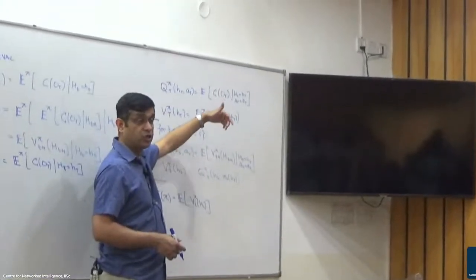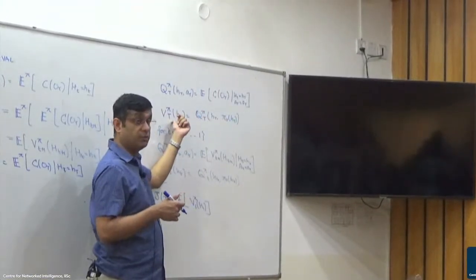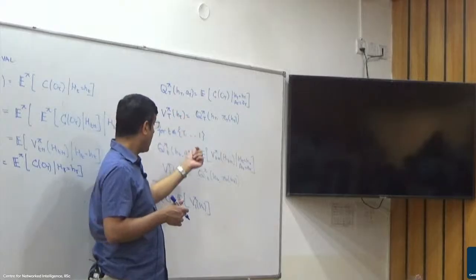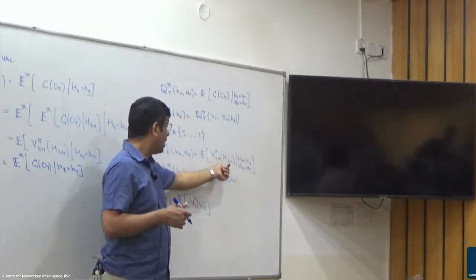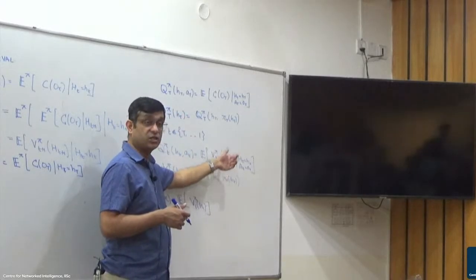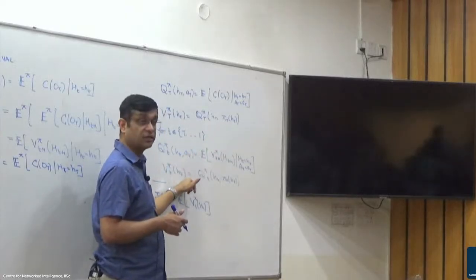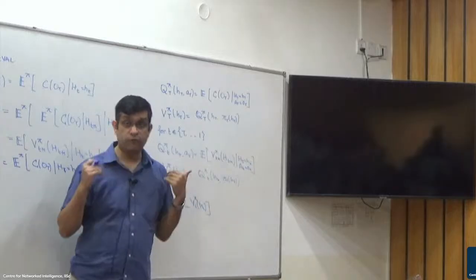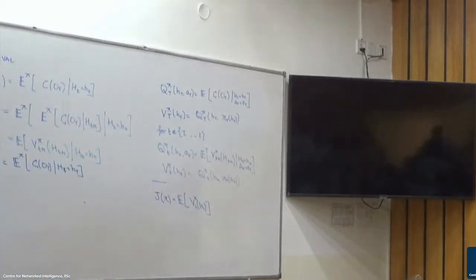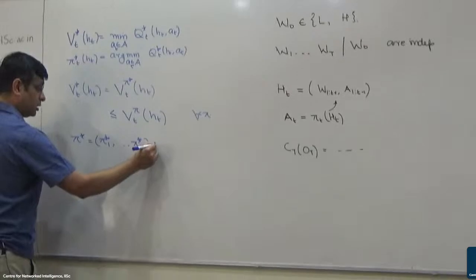So the optimal value function will be a lower bound on this. And when I get here, by monotonicity of expectation, I get that the same thing will be true for the Q function, and then this thing here. Okay. So my proof remains the same, and therefore I will get that π*, which is equal to π*_1 up to π*_T, is optimal.